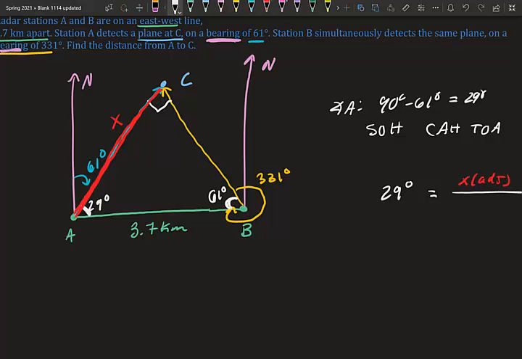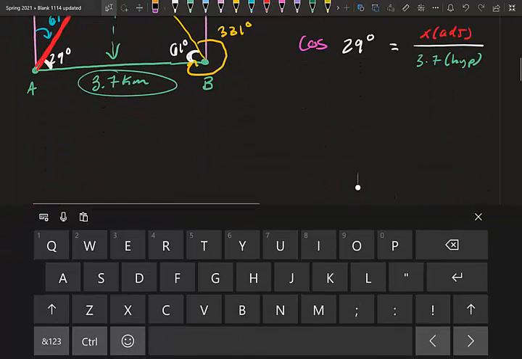We're going to use SOHCAHTOA because we're trying to find a missing value. The only other value we have is 3.7 kilometers. That's opposite angle C, the 90 degree angle, so that's the hypotenuse. If we're working with adjacent and hypotenuse, we're going to use the cosine function.